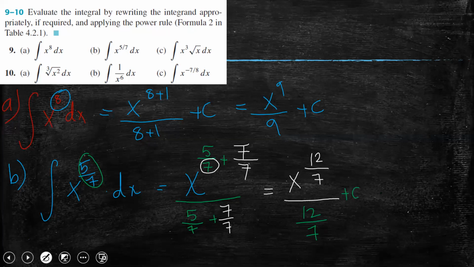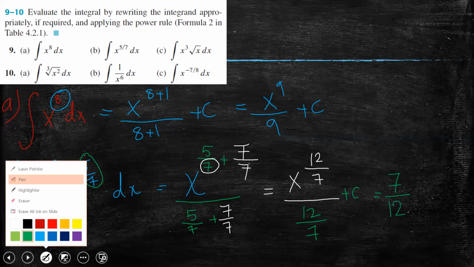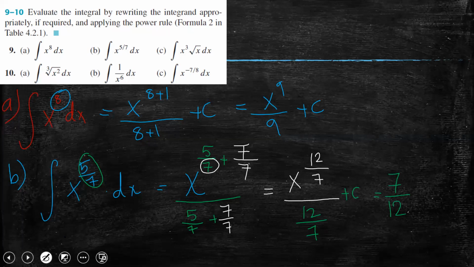So I write it as the reciprocal of 12 over 7, which is 7 over 12. And then x to the power 12 over 7, I can write it as the 7th root outside here and x to the power 12. So don't forget plus c.